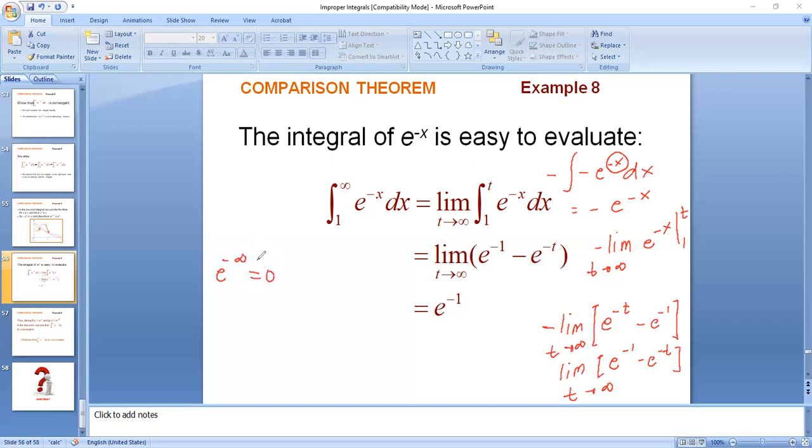It was discussed in the previous slide for this one. That makes this one equal to 0. That leaves you with e raised to negative 1. So that's the reason why you have here e raised to negative 1. Okay? Do you get it, or do you need me to process again?